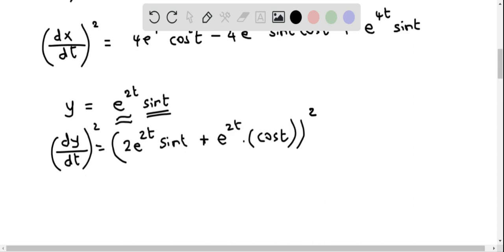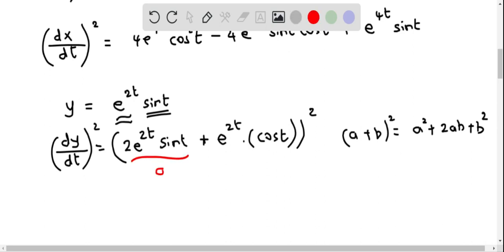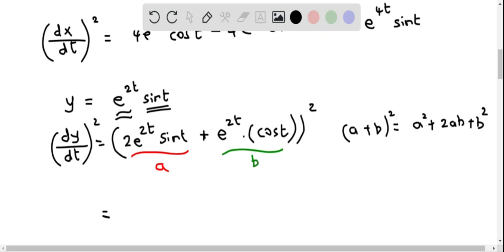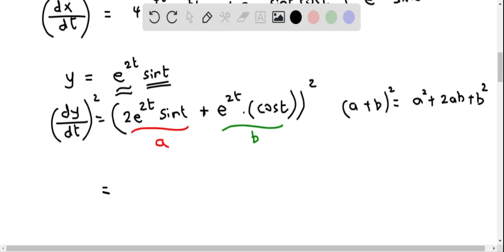And here I'm going to use this algebraic identity, that is (a + b) squared equals a squared plus 2ab plus b squared. So I'm going to consider this expression as a and another expression as b and apply this identity. First I have to square a, that is the square of 2e^(2t) sin t: square of 2 is 4, square of e^(2t) is e^(4t), and square of sin t is sin squared t.